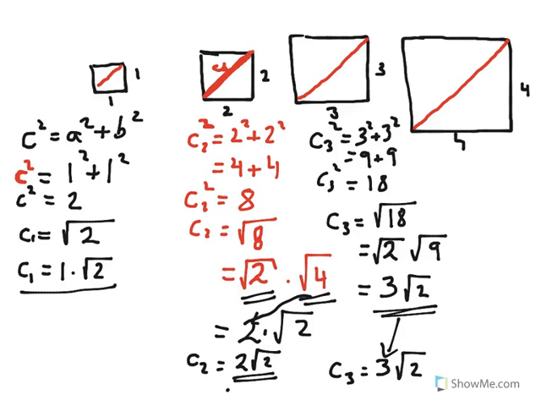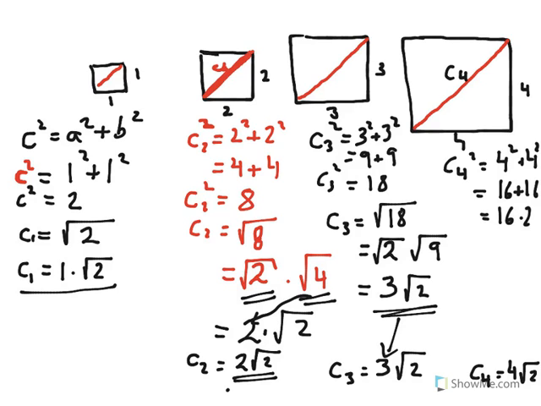So what am I going to expect as an answer for a square that's 4 by 4 centimeters? I'm expecting c4 to equal 4 times the square root of 2. Let's just do it. c4 squared is going to be 4 squared plus 4 squared. It's going to be 16 plus 16, which is the same as 16 times 2.